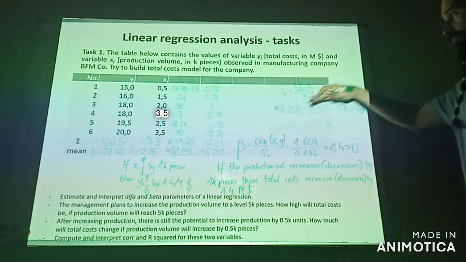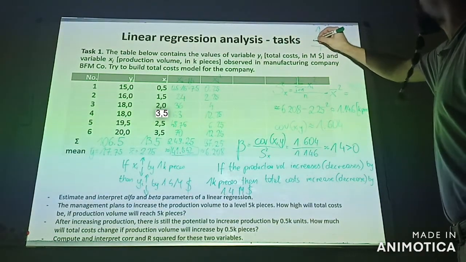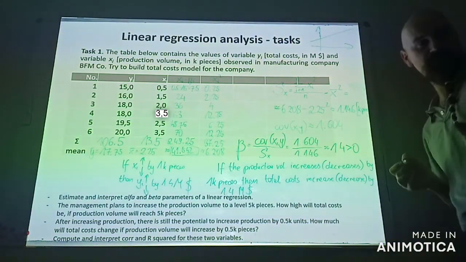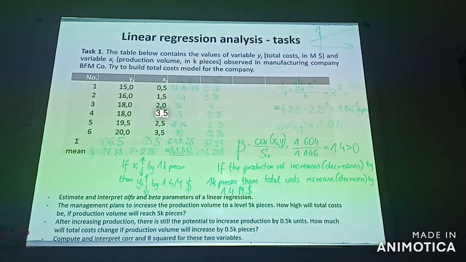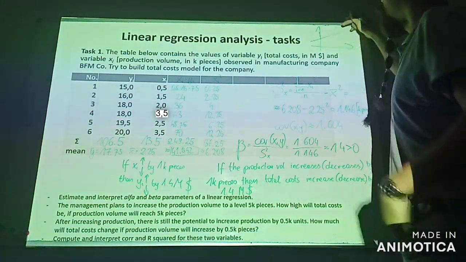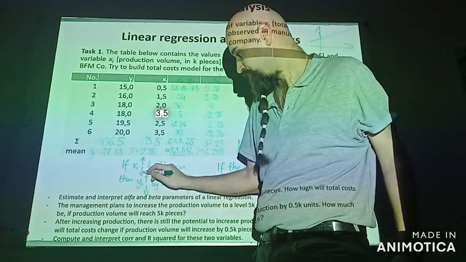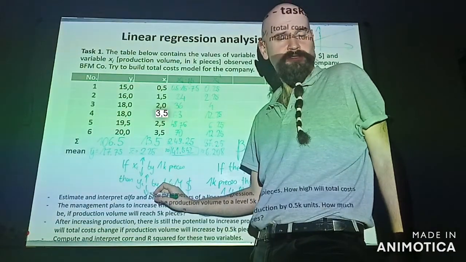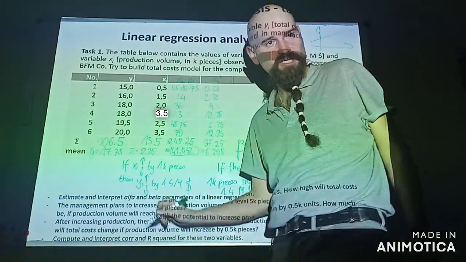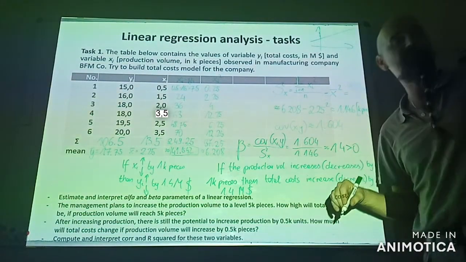We have the positive correlation between both variables. So if one variable decreases, the second variable decreases as well. Yeah? Beta parameter is positive, covariance is positive.